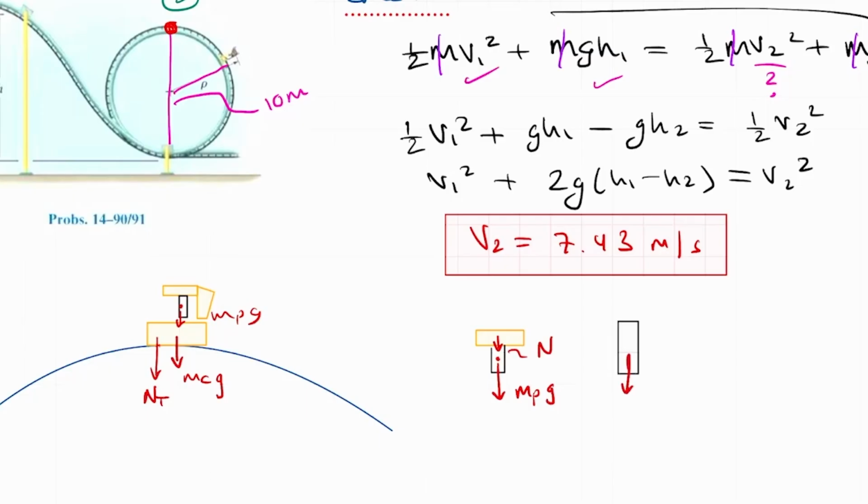Well, it's the gravity or the weight of the person, so the mass of the person times gravity, and it's also experiencing the normal force caused by the seat here. Yes, because we're looking at the reaction of the passenger on the seat at this instance.